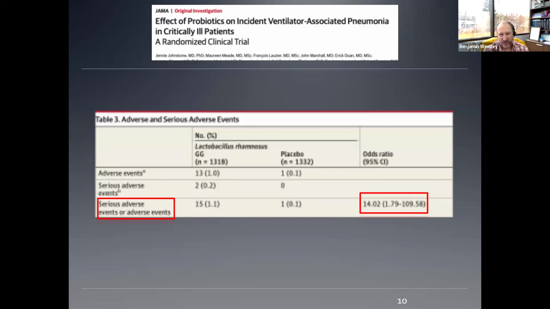So 1% of patients versus 0.1% of patients in the placebo group ended up either with lactobacillus bacteremia or lactobacillus in a pleural fluid or other sterile body fluid that was making them sick. So that doesn't seem good. Anytime there's no benefit and clearly demonstrable harm, we typically want to avoid those interventions. So we have moved away heavily from doing this, whereas we did tepidly do this in our hospitals for some years.